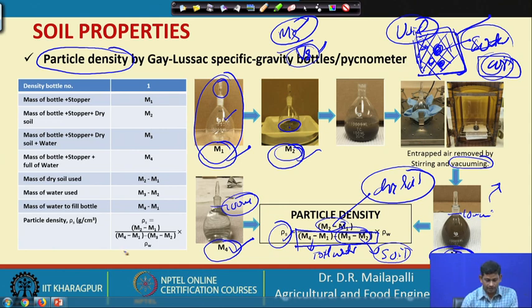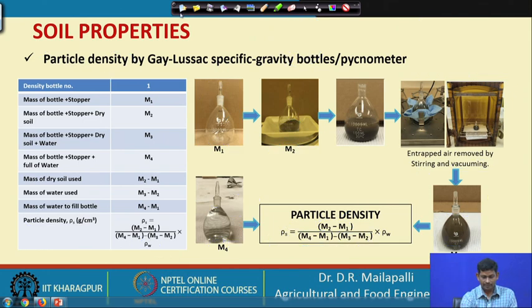So, the particle density is (M2 minus M1) divided by ((M4 minus M1) minus (M3 minus M2)), multiplied by the density of water. This way you can estimate the particle density. Generally the particle density varies from 2.6 to 2.7 gram per centimeter cube.